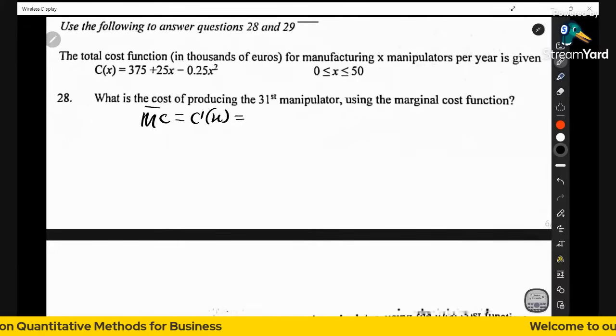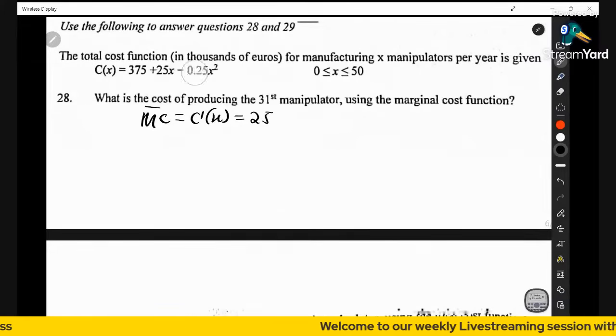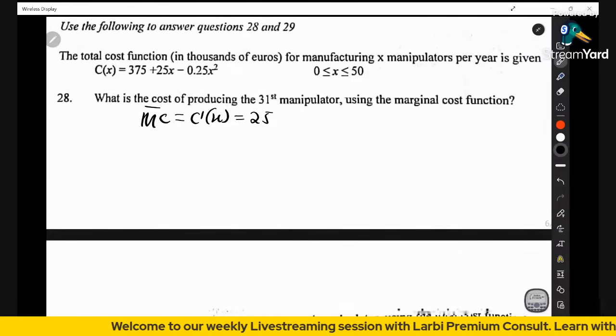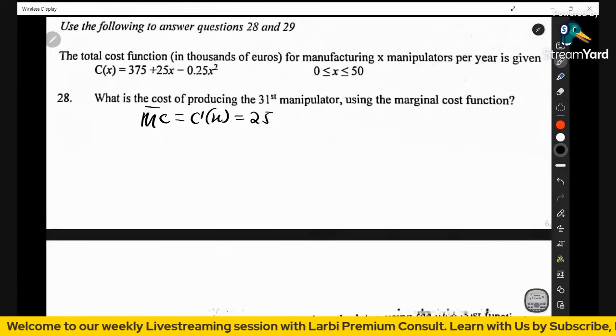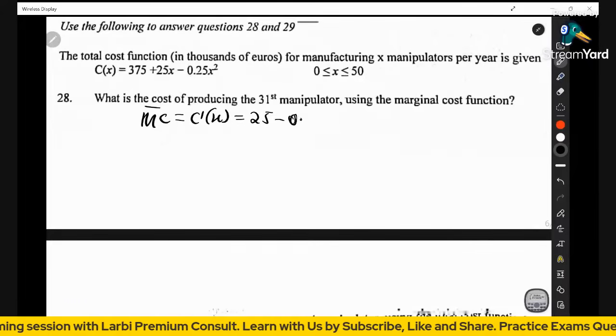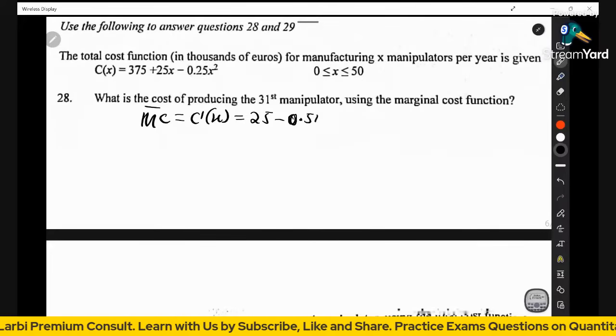375, which results in 0. The differential of 25x results in 25. And the differential of negative 0.25x squared results in, the 2 multiplied by 0.25, 0.5x. So you get this as your marginal cost, but we are talking about the 31st.